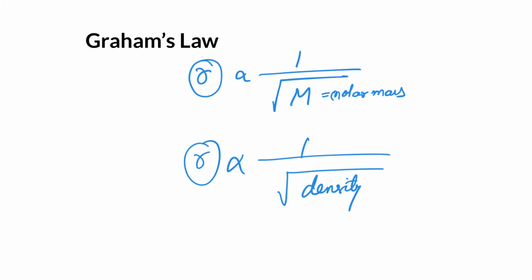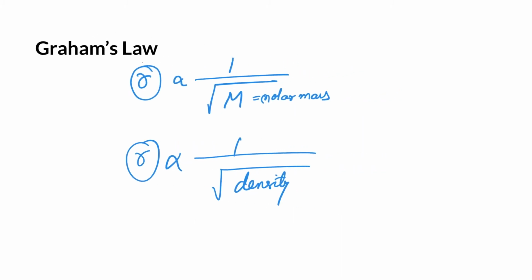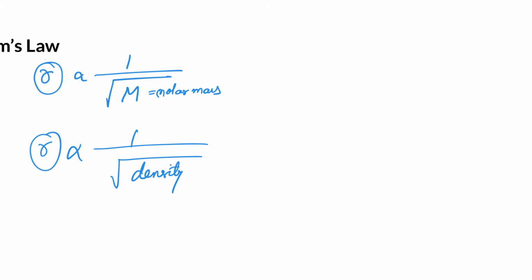Now, the rate depends on other things as well. R is proportional to the pressure, right? High pressure, more diffusion. More area, more diffusion, and the square root of temperature and molar mass.